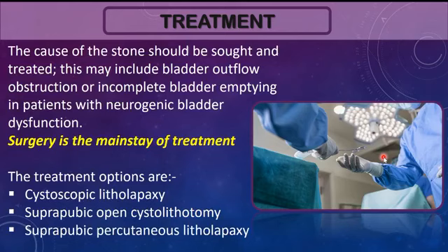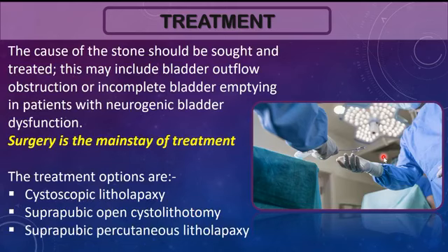So the treatment options: surgery is the mainstay of treatment. Without surgery, it is not possible for the stone to come out. The treatment options are cystoscopic litholapaxy, suprapubic open cystolithotomy, and suprapubic percutaneous litholapaxy.